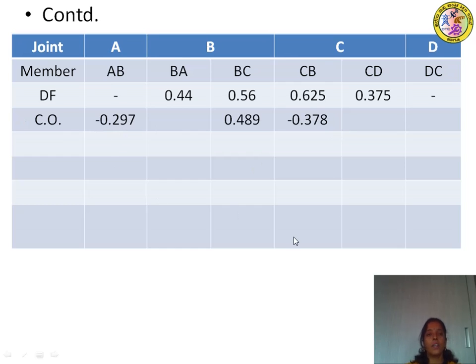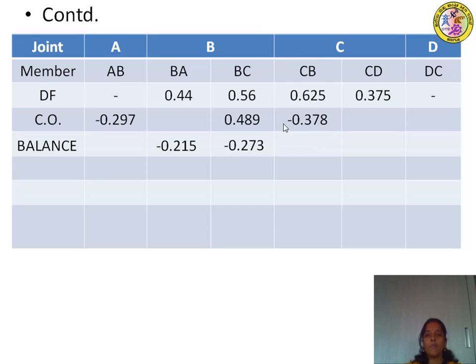Next step is to balance joint B and joint C. Again, joint B is imbalanced by 0.489. So, the balancing moment will be minus 0.489. Minus 0.489 into 0.44 will be equal to minus 0.215, and minus 0.489 into 0.56 will be equal to minus 0.273.